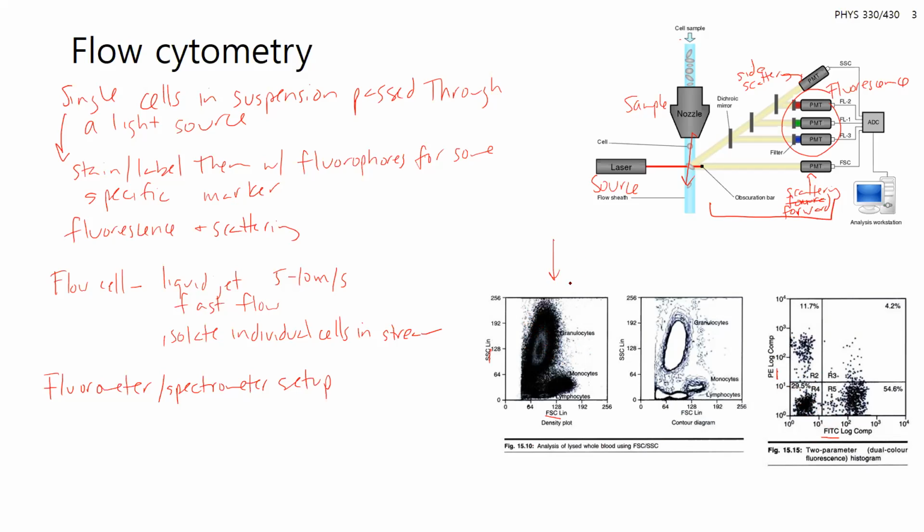You're going to get lots of data, millions of data points, and then this is represented in a contour plot. Again, each of these individual data points is an individual cell that was detected and its intensity plotted. You can note that this is on log scales.